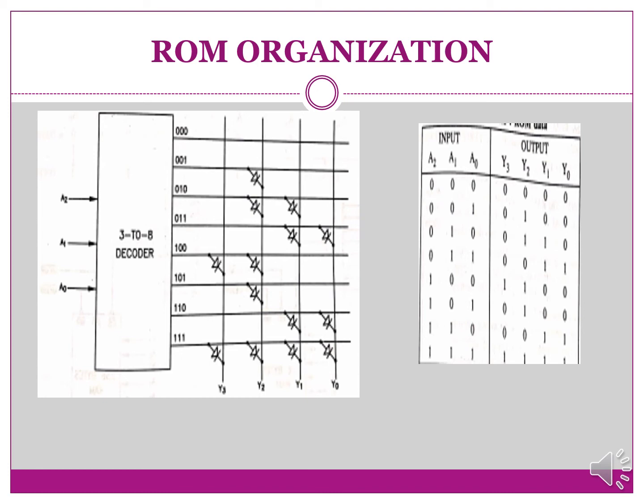Now we see how ROM or memory organization works. Here one diagram is given to us. With a 3 to 8-bit decoder, we have 8 outputs and 3 inputs. In the 8 outputs we see that some diodes are shown, and from those diodes you take the outputs Y0, Y1, Y2 and Y3.